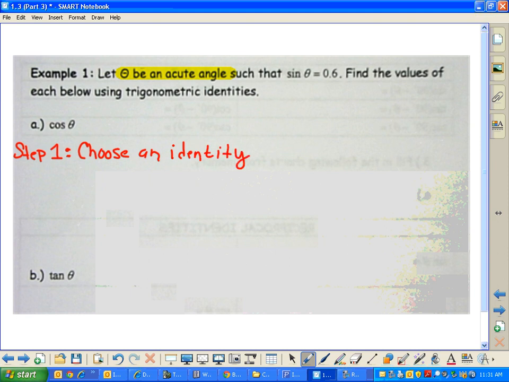Here's how you're going to make your decision, because there's several boxes of identities that we just filled in as our warm-up for today. You're going to choose an identity that relates what you know to what you don't.